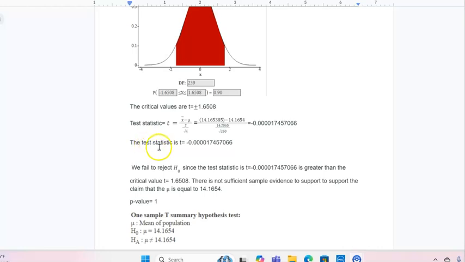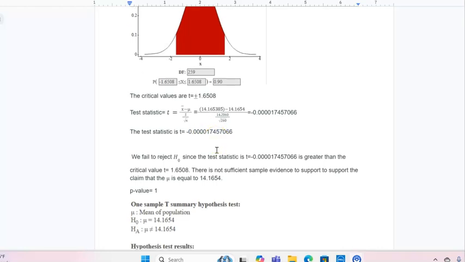So right here is the sentence for our test statistic, and that got us the value from the formula above, which is negative 0.000017457066.